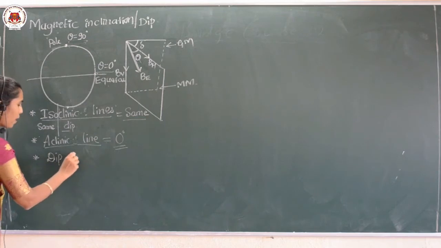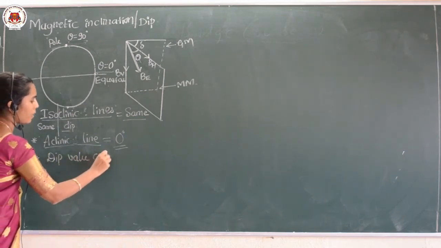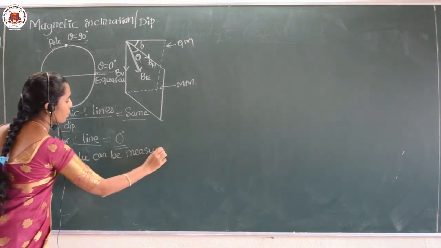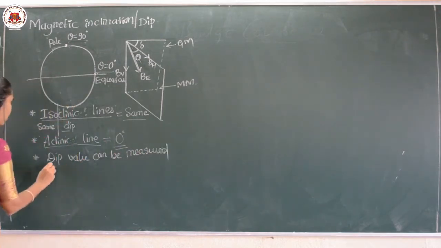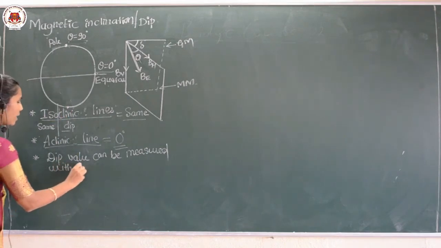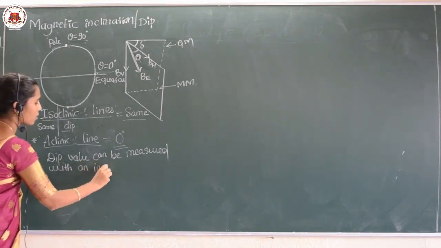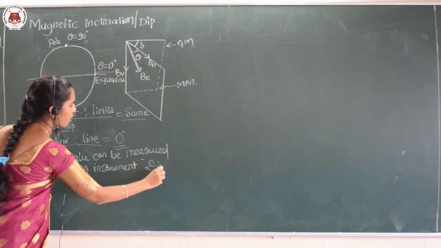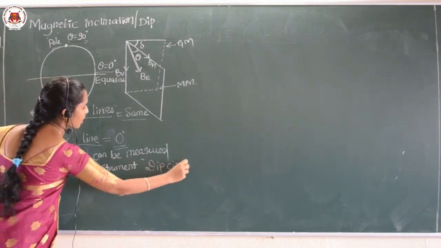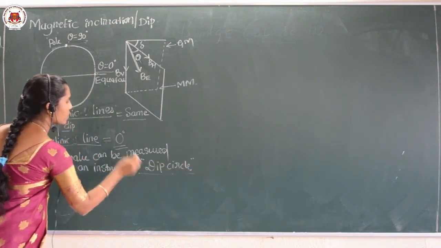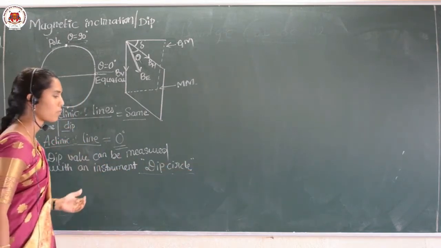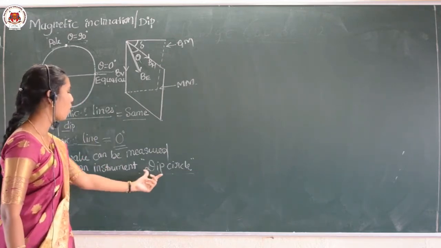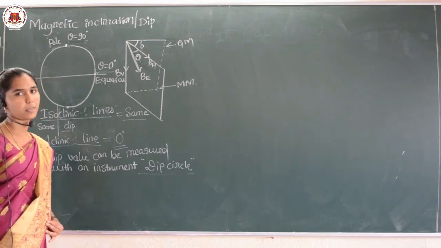Yes, the dip value can be measured with an instrument called the dip circle. The value of the dip or the inclination at a given place of the earth can be obtained with the help of the dip circle.